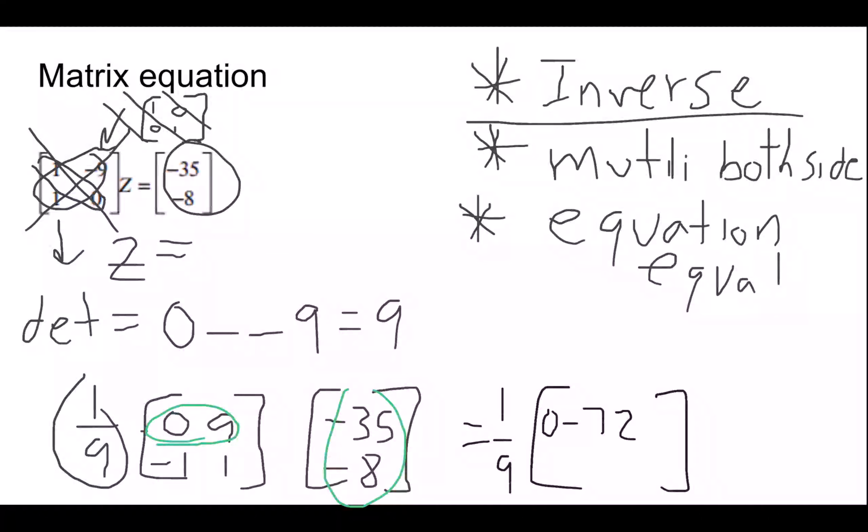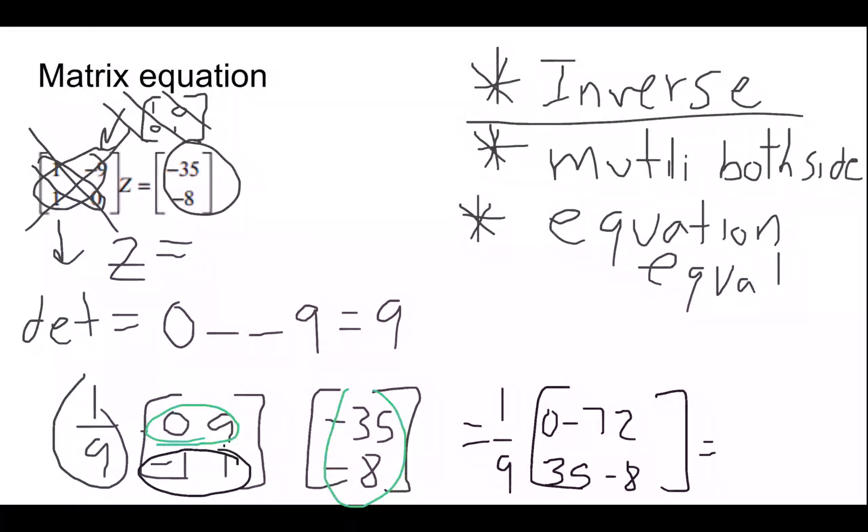So negative 35 times 0 is 0. 9 times 8 is negative 72. And then we're going to do this with the bottom one. So I'll have negative 1 times 35, which will just give me 35. And then 1 times 8, which will just give me a negative 8.